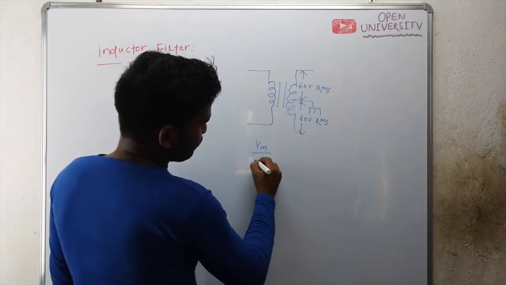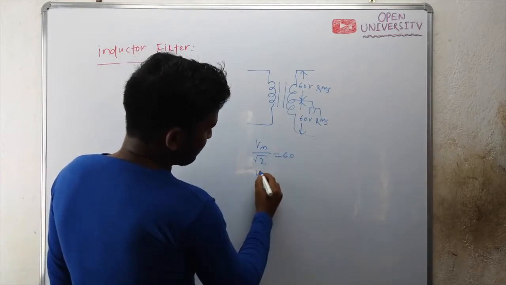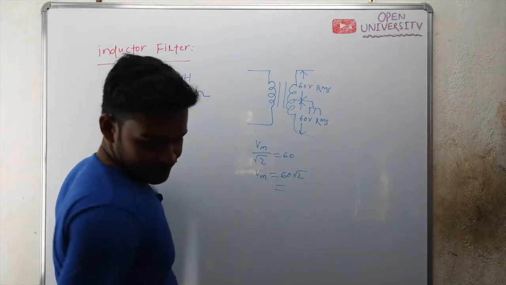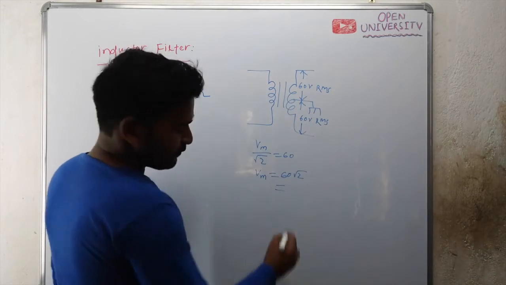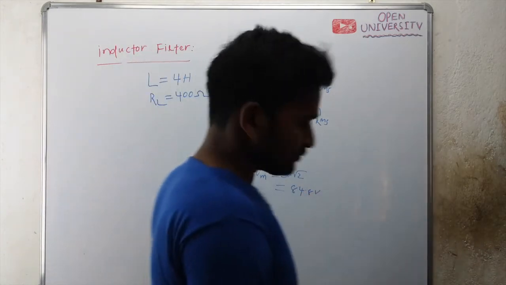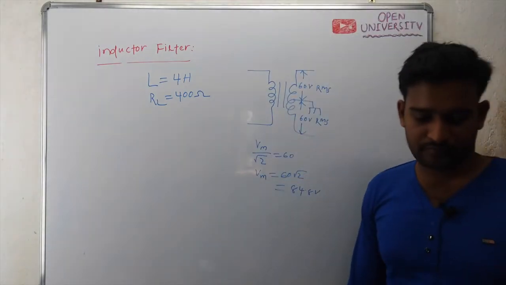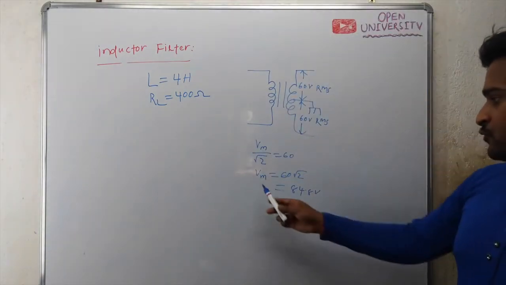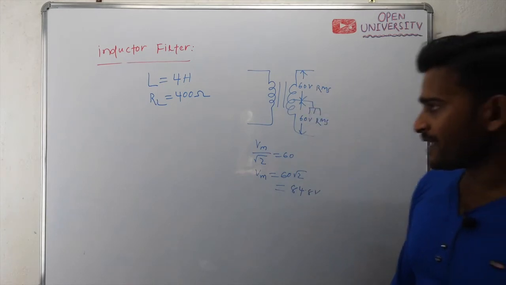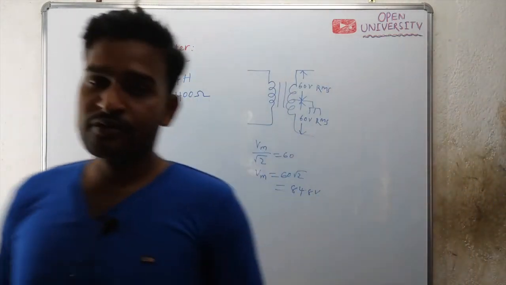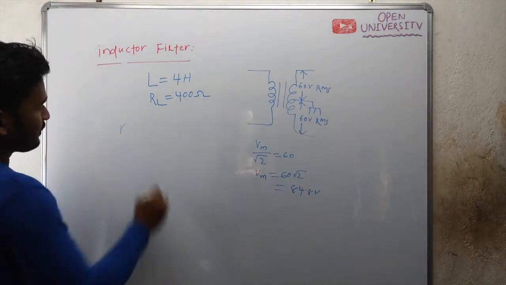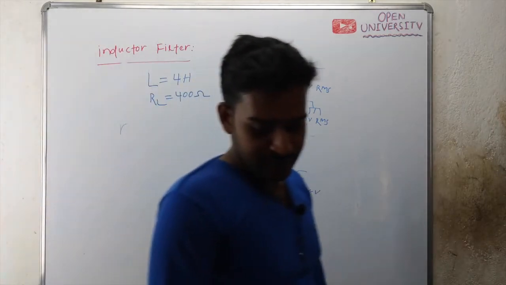Nothing but Vm by root 2, given to be 60 volt. Then Vm is 60 into root 2, that will be 84.8 volt. We can obtain Vm from this data. It is asked to find out the ripple factor and DC output voltage.